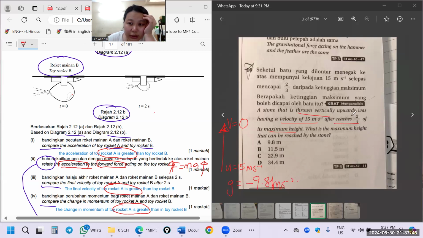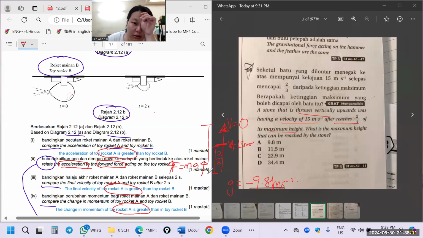After it reaches two-thirds of the maximum height, U is 15 meters per second.